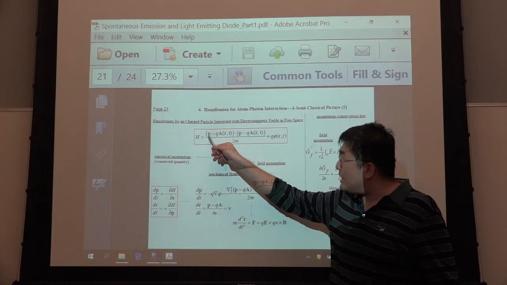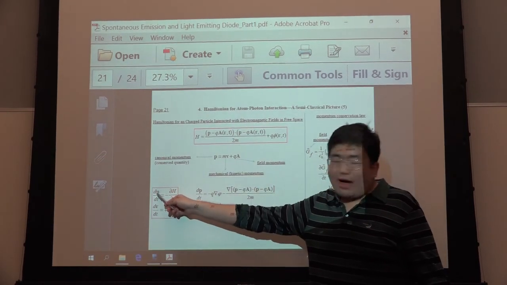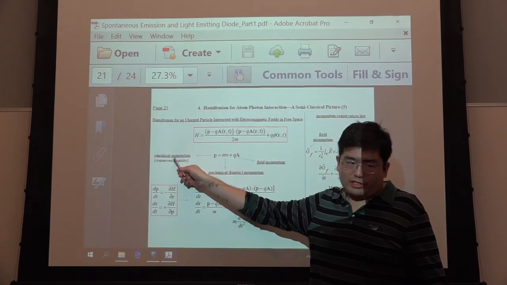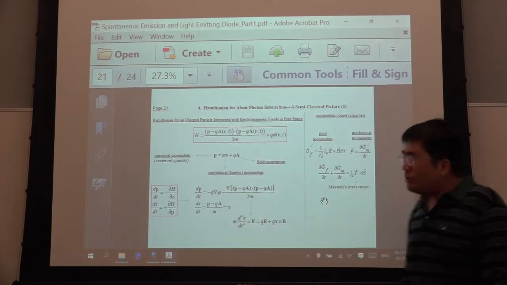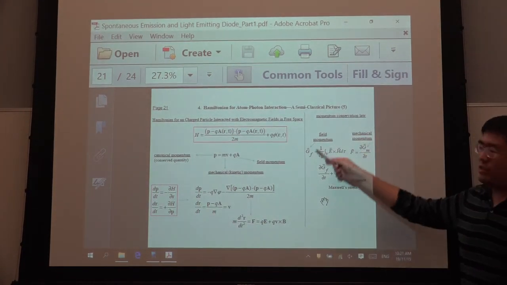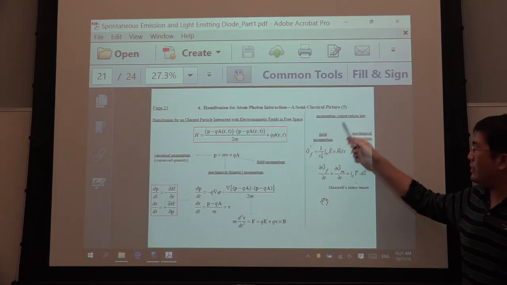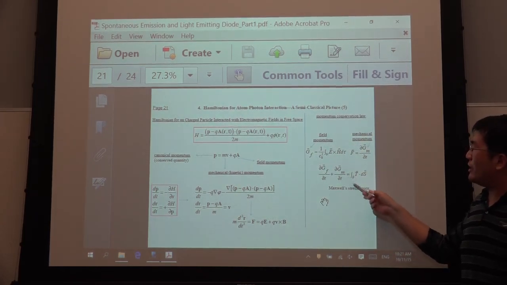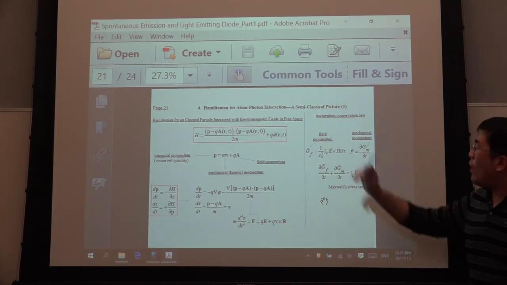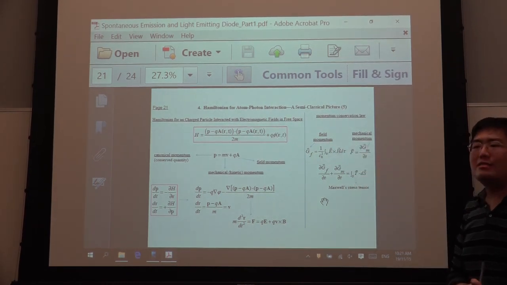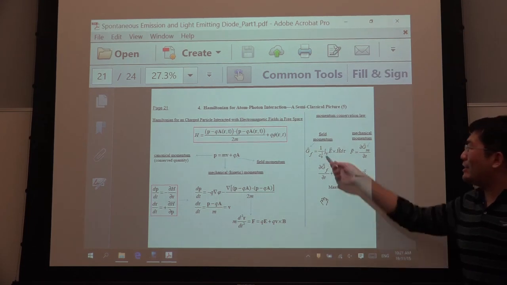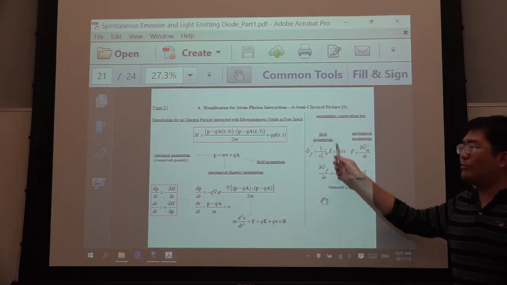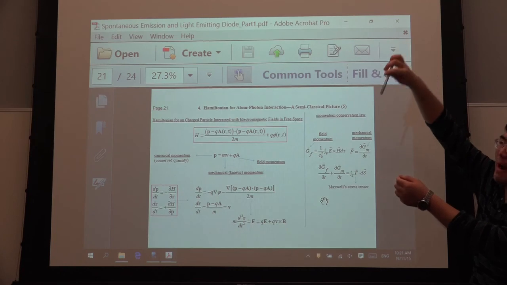Why should we use P as this variable? Because P is a conserved quantity. You learned the momentum conservation law, right? I taught you in this course that the Maxwell stress tensor goes through a surface. There are two kinds of momentum. One we call mechanical momentum, from qE and qvB. The other is field momentum, which treats the field as a particle.